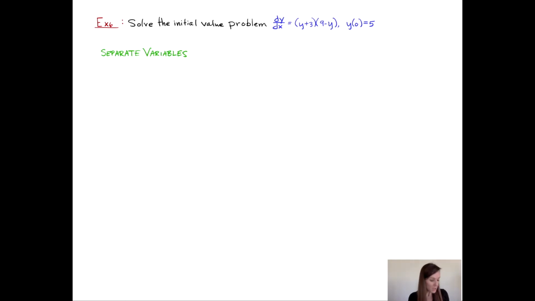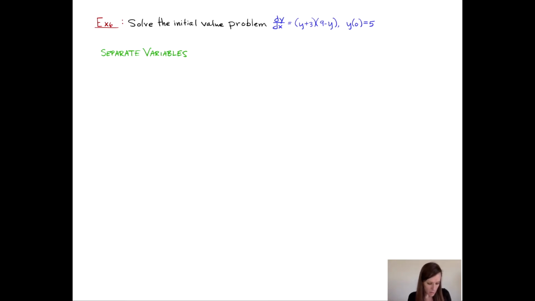So we want to get everything with a y on the left-hand side of the equation, everything in terms of x onto the right-hand side of the equation. And if you had a constant by itself, you would always move the constant over to the right-hand side with the x's because it makes it easier in the long run to solve.